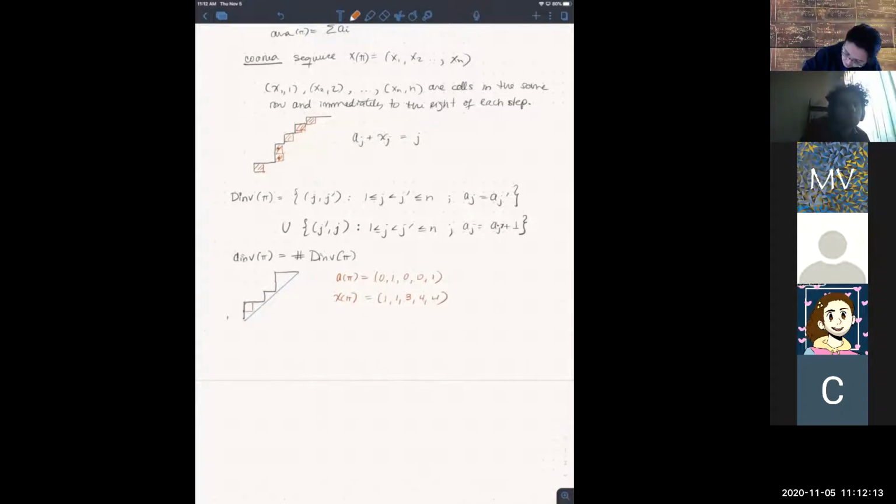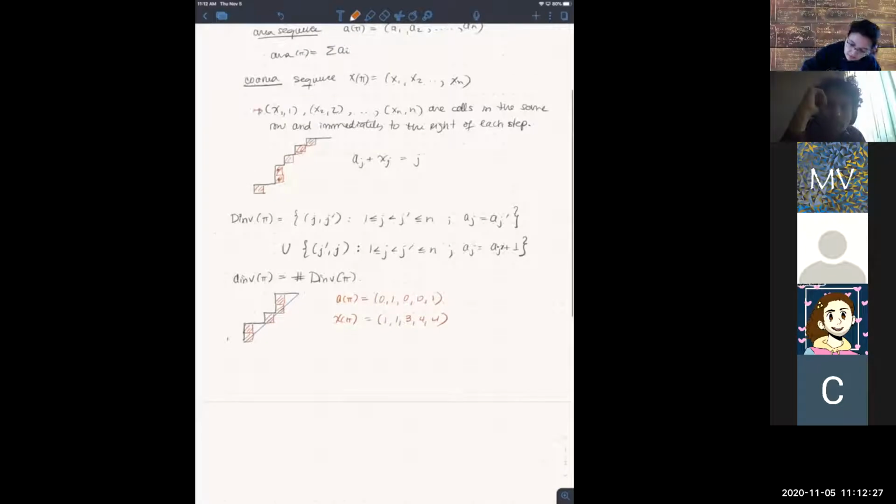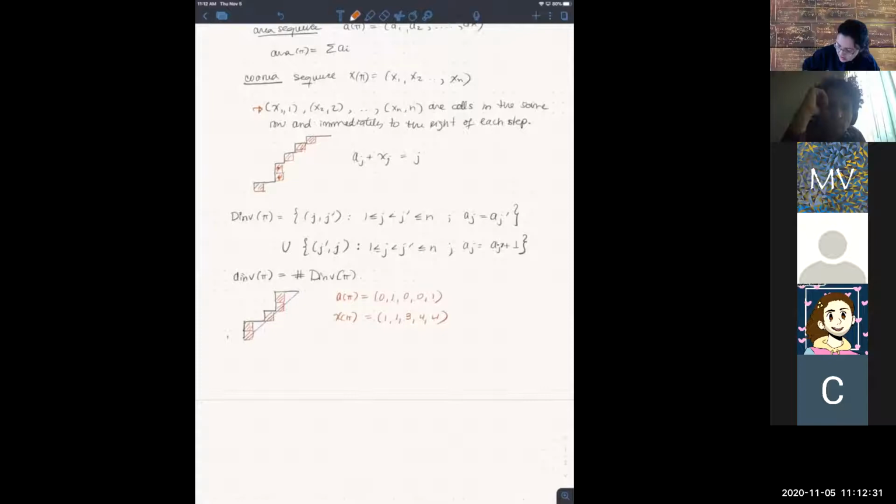To say that more clearly, here we have a north step, here we have a north step, and here we have a north step. So these are the boxes that would correspond to the co-area sequences. These right here, right? And then you'll see that this has x coordinate 1, x coordinate 1, x coordinate 3, x coordinate 4, and x coordinate 4. And that's how I'm getting this sequence right here.